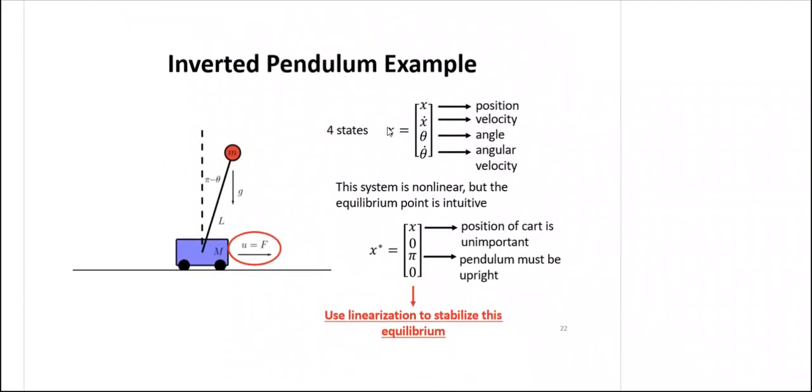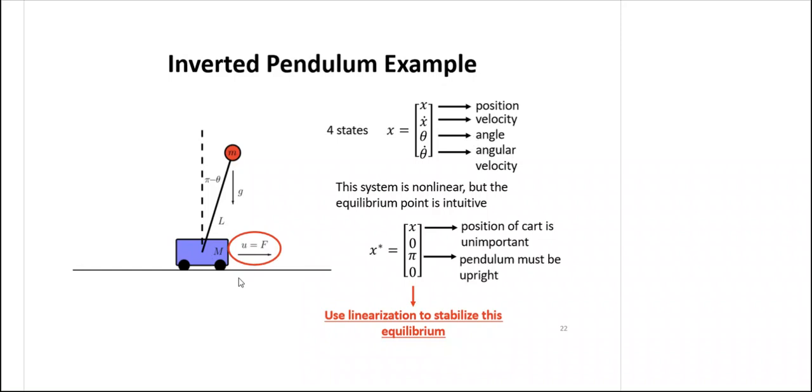Inverted pendulum example. We have 4 states: the position and velocity of this cart, and the angle and angular velocity of the pendulum. This is nonlinear, but we can intuitively pick equilibrium points where the position of the cart doesn't really matter, but the velocity of the cart must be 0.